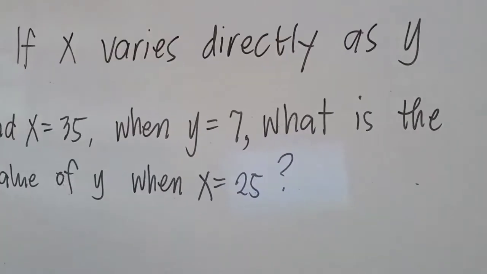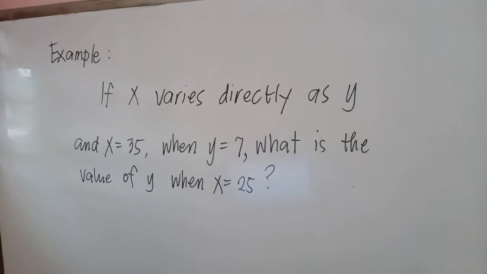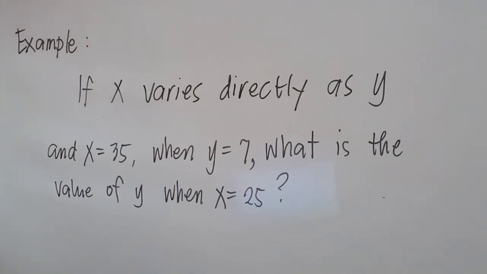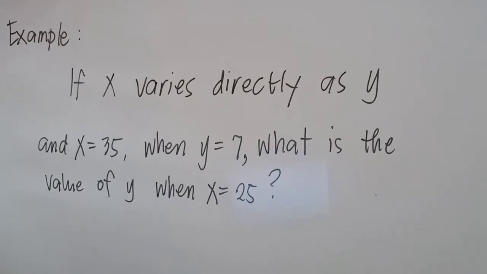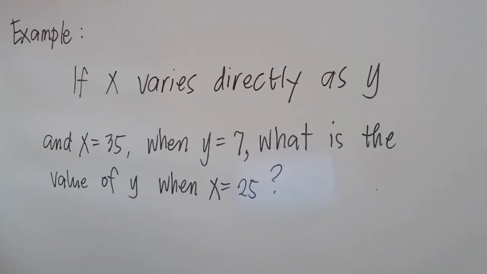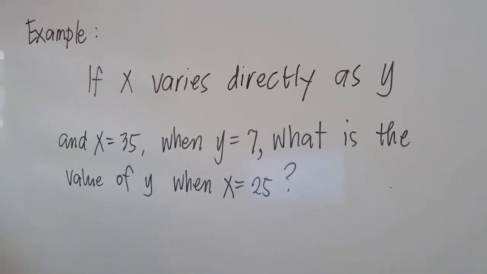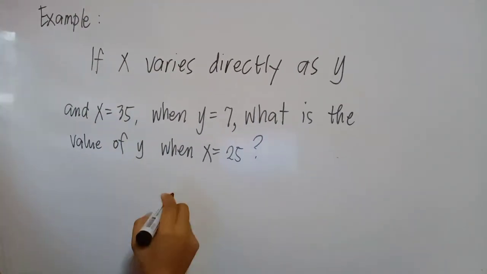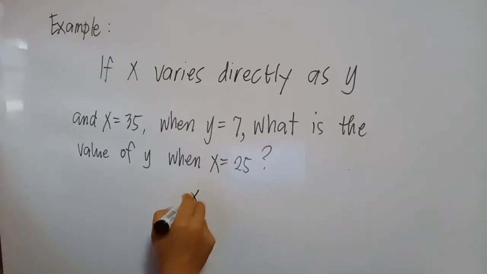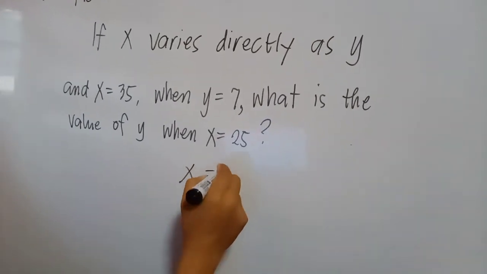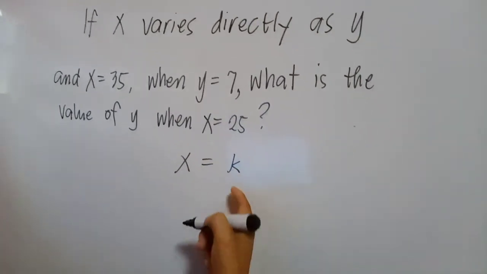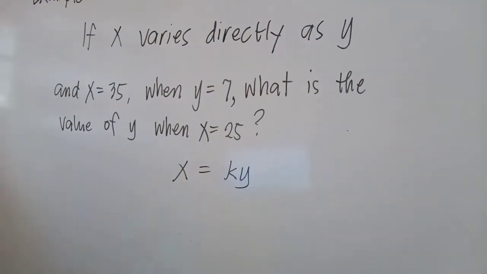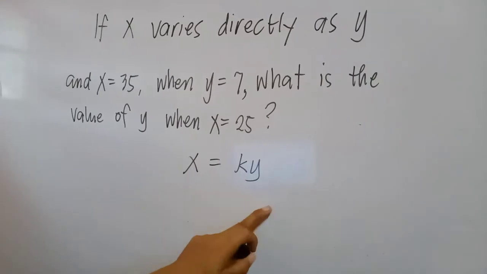What is the value of y when x equals 25? First is to express the statement if x varies directly as y in a mathematical statement. Since x is mentioned first, our equation must be x equals k, and then the second variable mentioned is y. So we have x equals ky.